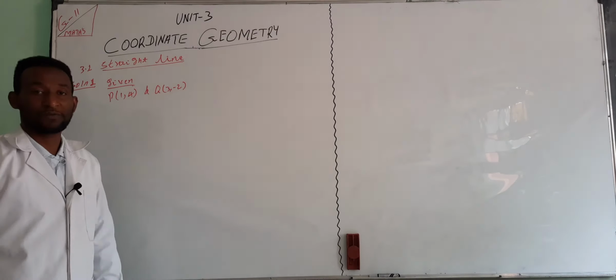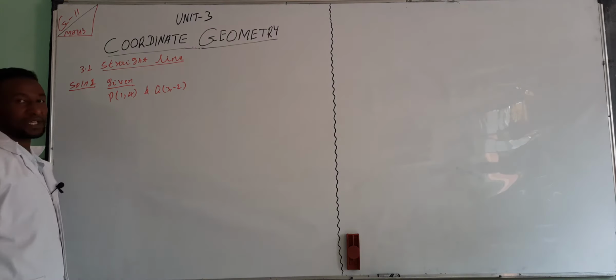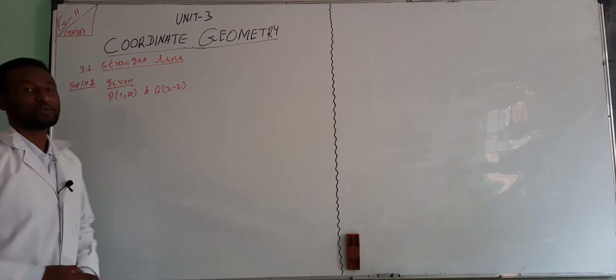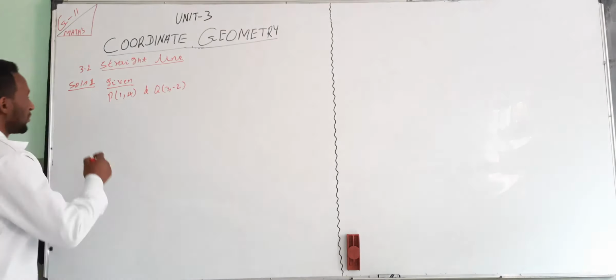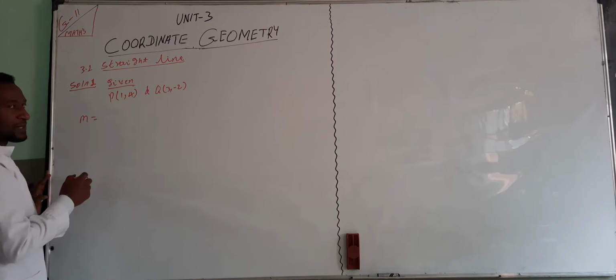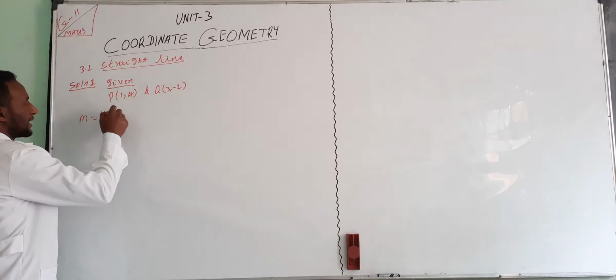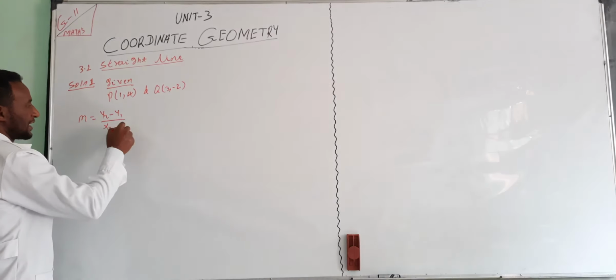The equation of the line that passes through these two points P and Q. First of all, we have to find the slope of this line. The slope is abbreviated by m. m is equal to y2 minus y1 over x2 minus x1.